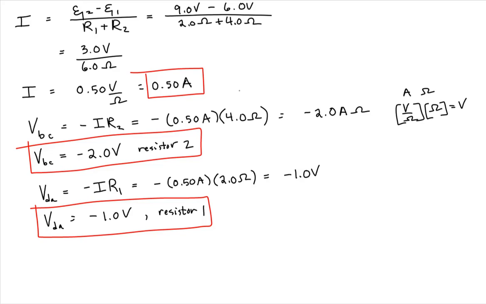If resistor 2 had 3 times the resistance of resistor 1, then the potential drop across resistor 1 would only be 1/3 of that of resistor 2, and so on. So now we found our current and our potential drops for our resistors.